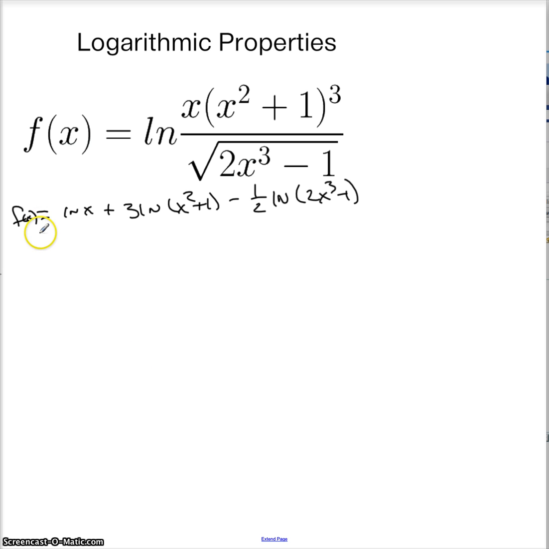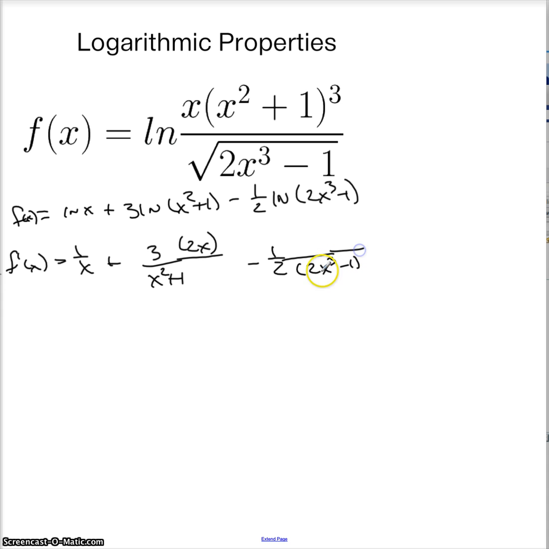Now I can take the derivative with respect to x, and that's 1 over x plus 3 divided by x squared plus 1 times 2x, minus 1/2 times 1 over 2x cubed minus 1 times the derivative of this, which is 6x squared.